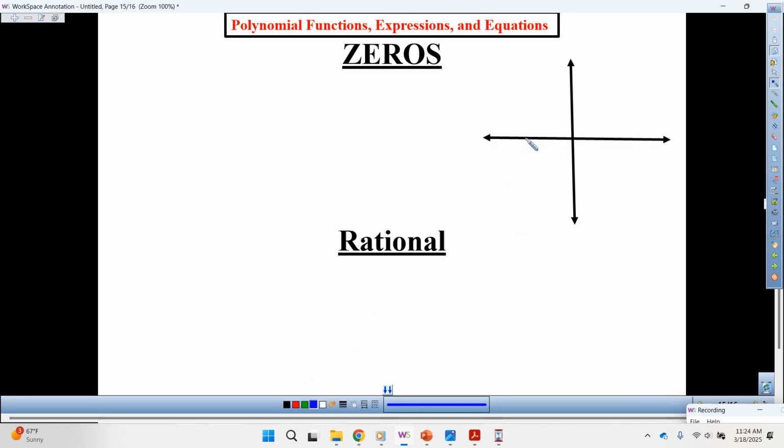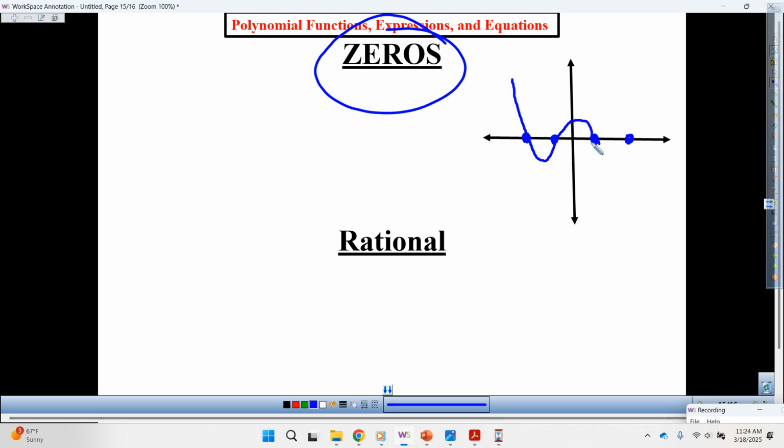Zeros is where our function intersects the x-axis. So how many zeros do you see there? 4, that is correct. 1, 2, 3, 4 zeros.